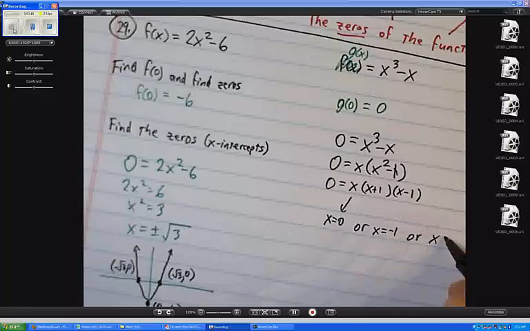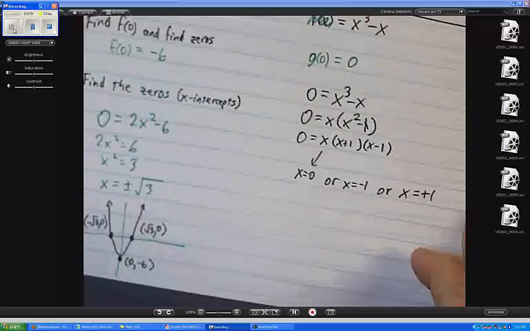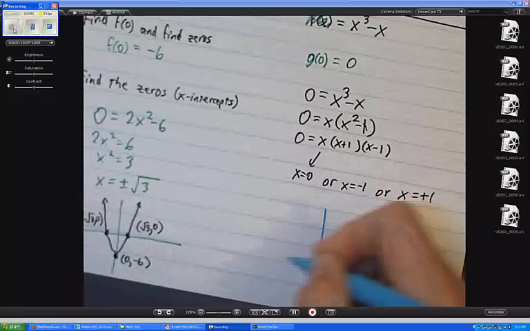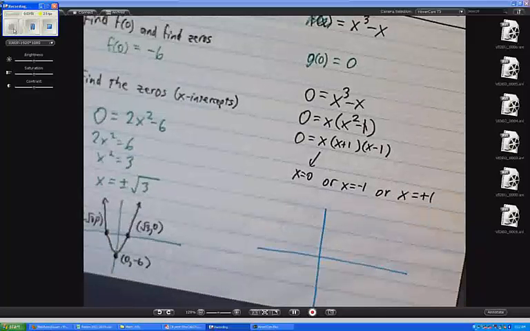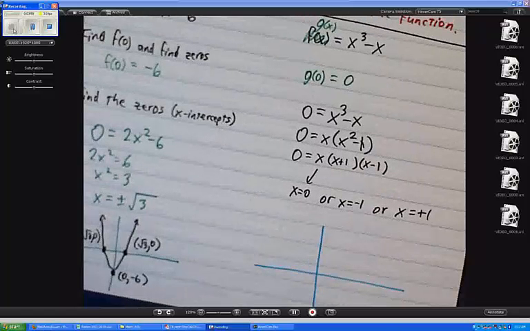Okay, so now if I were to sketch the graph for g of x, what would that look like? Well, I'm not sure you would know. But I will say this, okay?